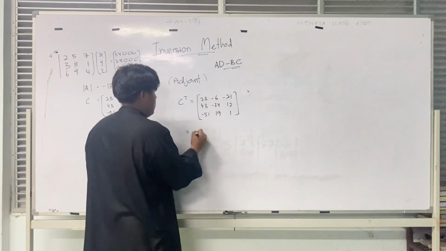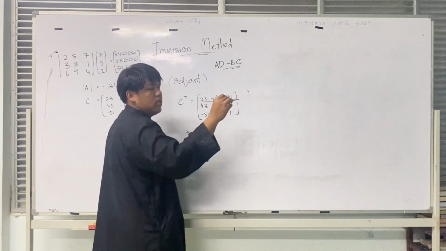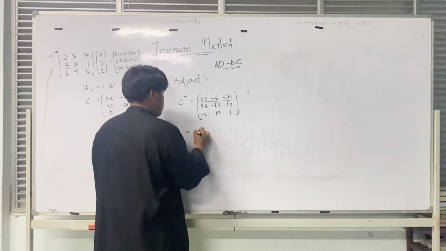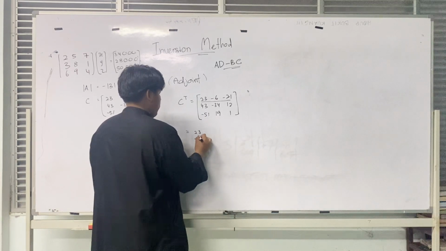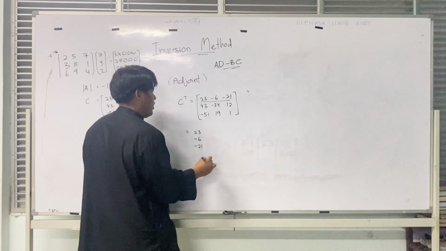So row 1 we make it column 1. So we get 23, negative 6, negative 21.